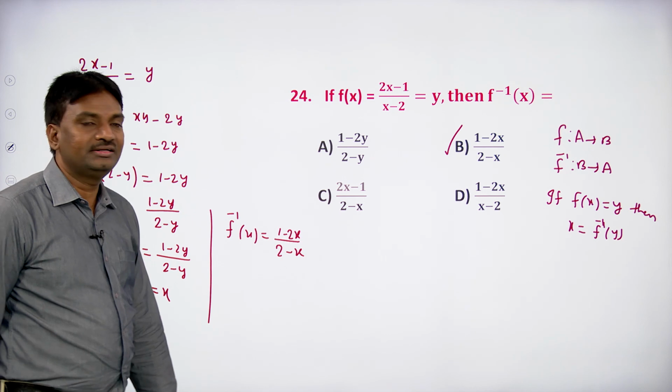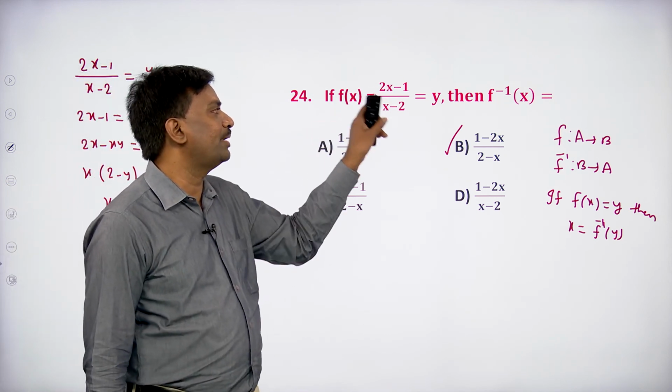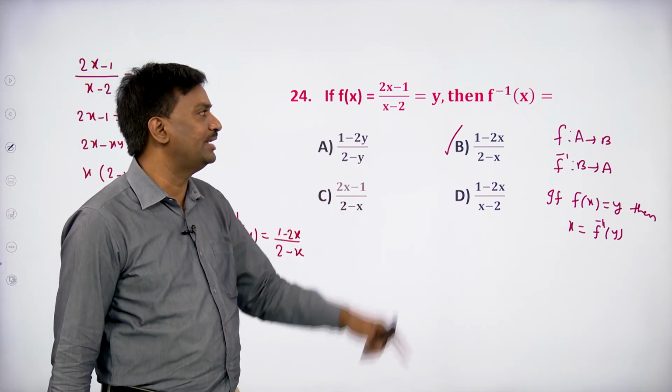Here the given function is f of x equals (2x minus 1) by (x minus 2), that is also given as y.